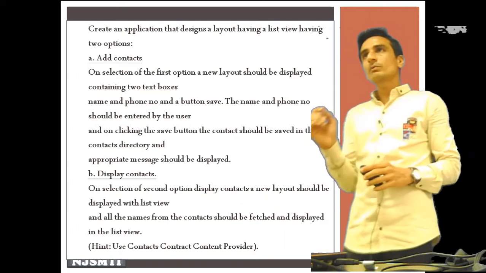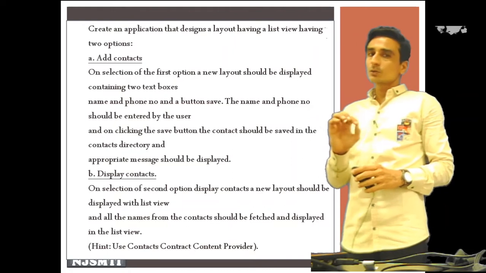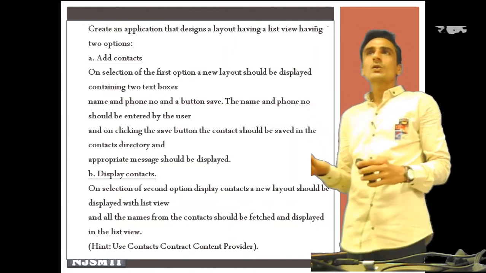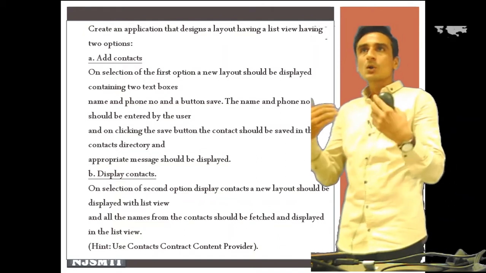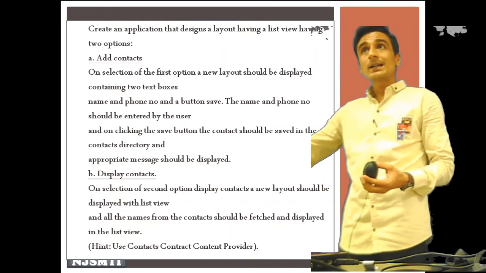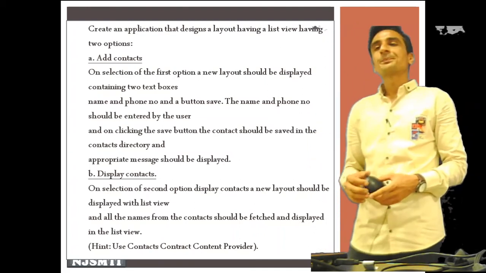So first of all we have to add a contact. To add a contact we have a few options available. The simplest option is to use an implicit intent. Implicit intent is already available in Android, which we can use to add a new contact to the current native contact application. Just 5 or 6 lines are to be written.